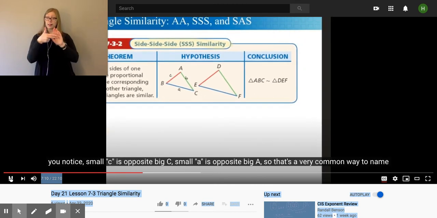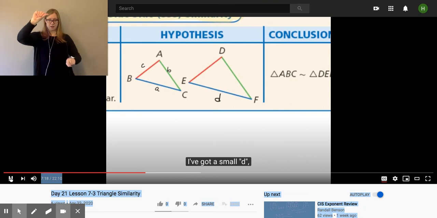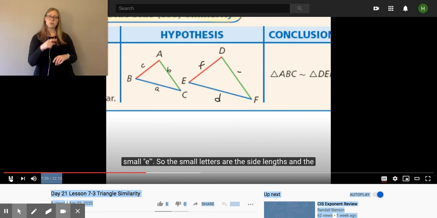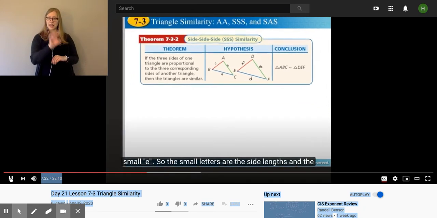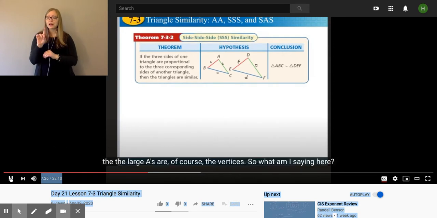You notice small c is opposite big C, small a is opposite big A. So that's a very common way to name things. Got small d, small f, small e. So the small letters are the side lengths, and the large letters are of course the vertices.